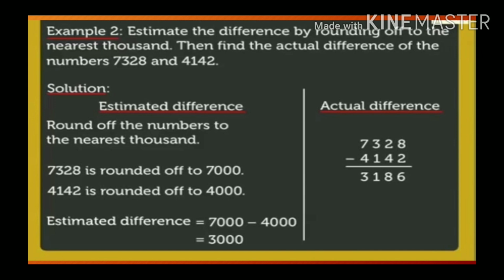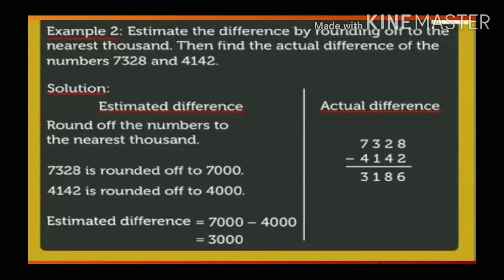And 4142 is rounded off to 4000, because in 4142 the hundreds place is 1. Now the estimated difference is 7000 minus 4000, and after subtraction we get 3000.